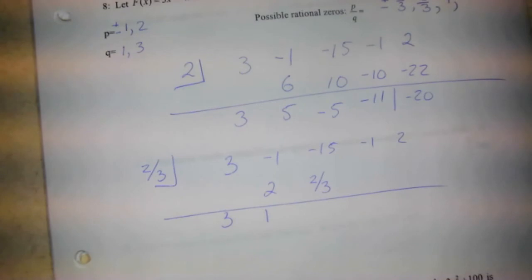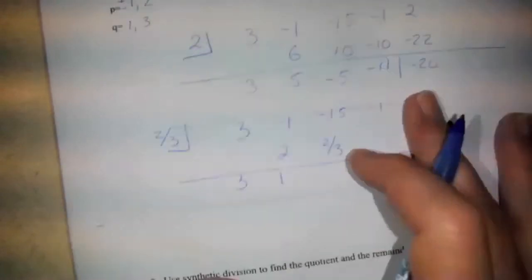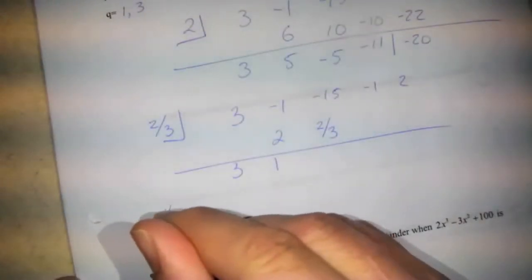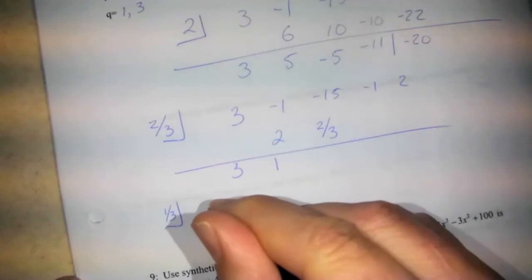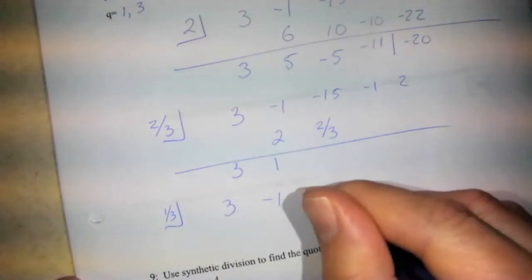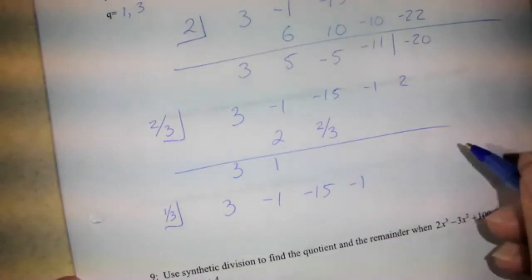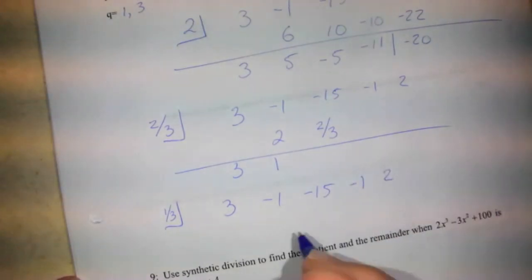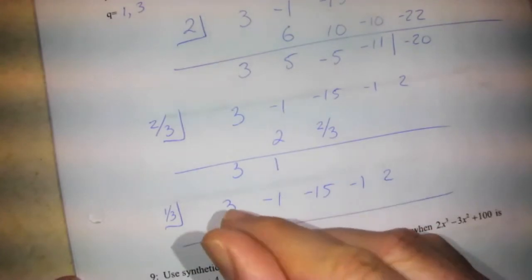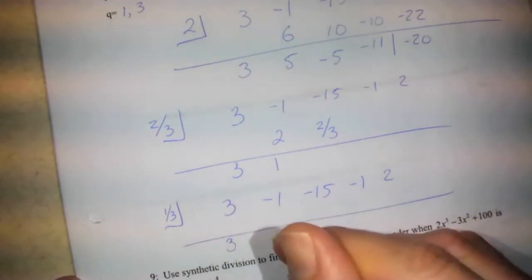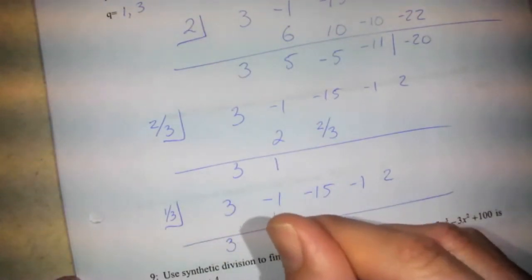All right. The only positive one we haven't tried yet is 1/3. Let's do that. 1/3 in the balcony. 3, -1, -15, -1 again, and +2. Here we go. 3 plus nothing is 3. 1/3 of 3 is 1.